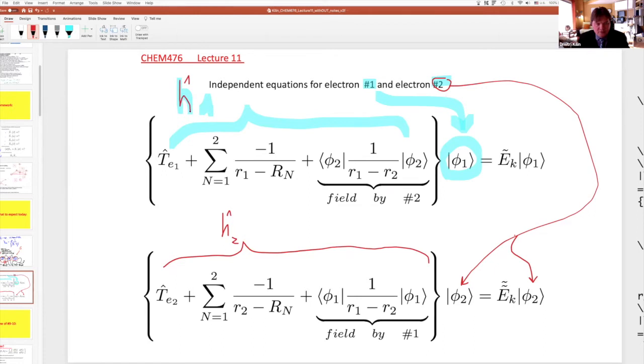So the goal of today's meeting is to get agreement with an idea, generally, that it is allowed to go from a multi-electron wave function to one-electron equations. And second, how to formulate this particular Hamiltonian that acts only on one electron.